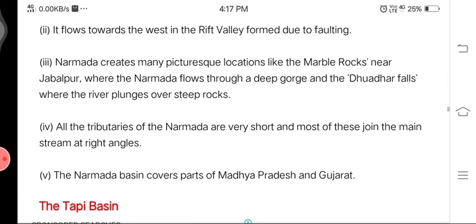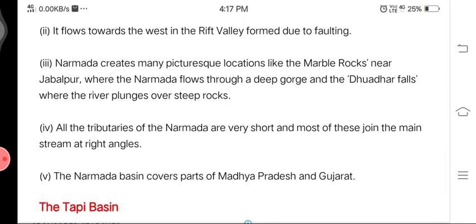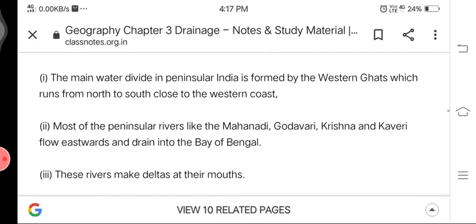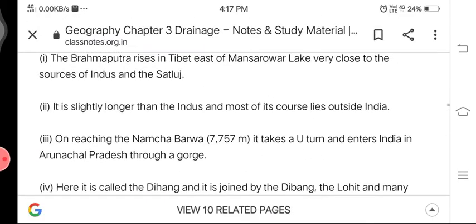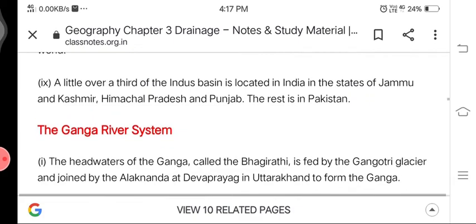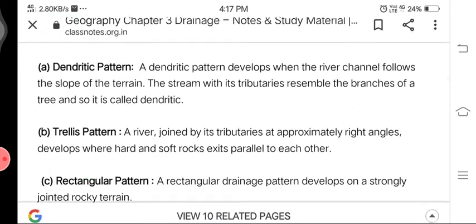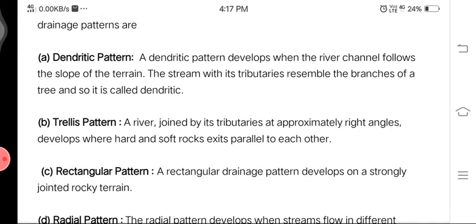All the tributaries of the Narmada are very short, and most of these join the main stream at right angles.